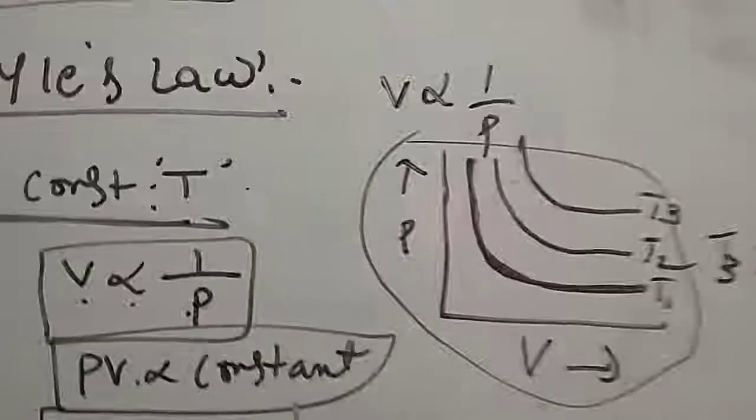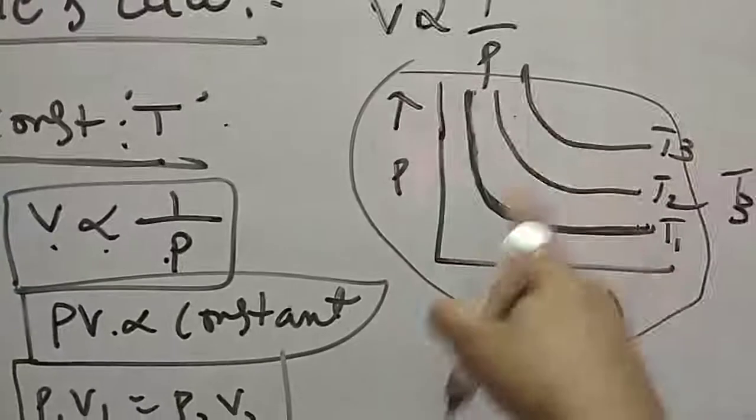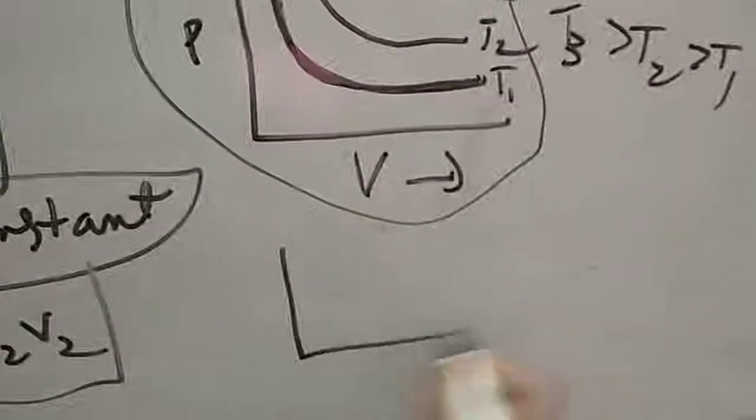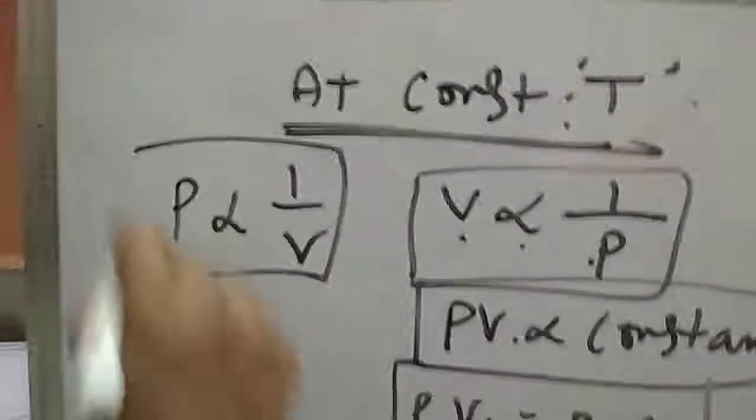So this is the graph I have taken, pressure and volume. If I take pressure and 1 by volume, that will be a straight line passing through the origin, because pressure and volume are inversely proportional to each other. But V proportional to 1 by P, can we write it as P proportional to 1 by V?